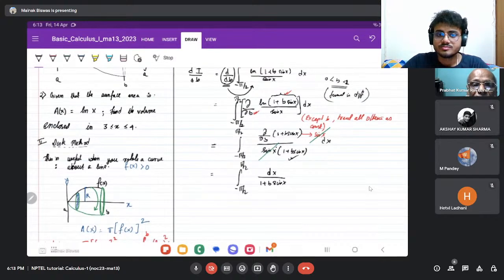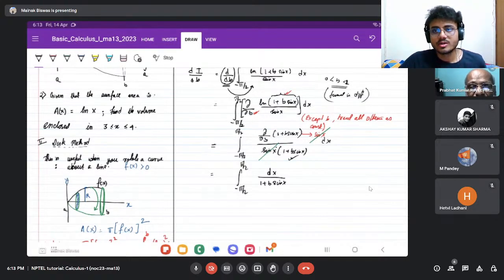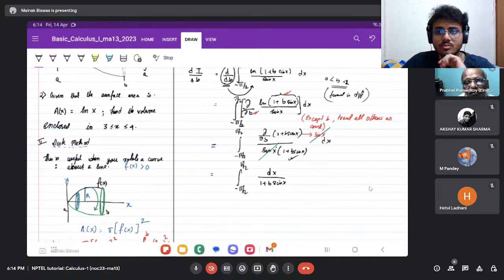So this itself is a difficult integral problem if limits are not given. If limits are not given, it is not integrable. So any idea of how to go about this? Now what Hedvi was pointing out, you can use that, right?